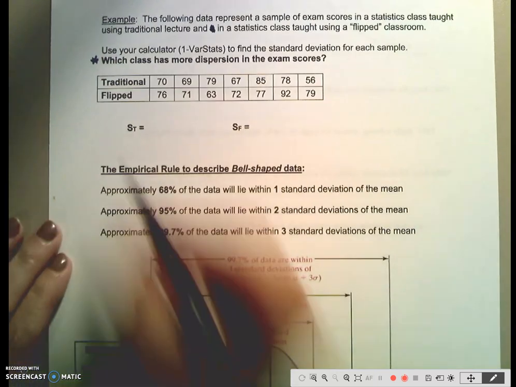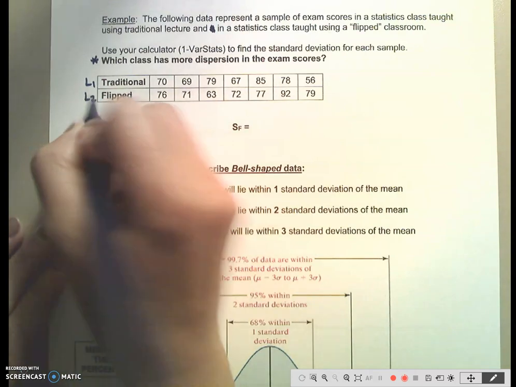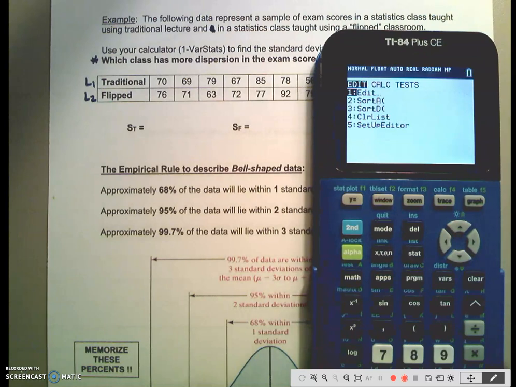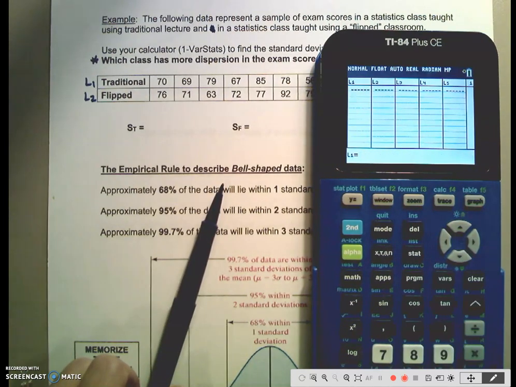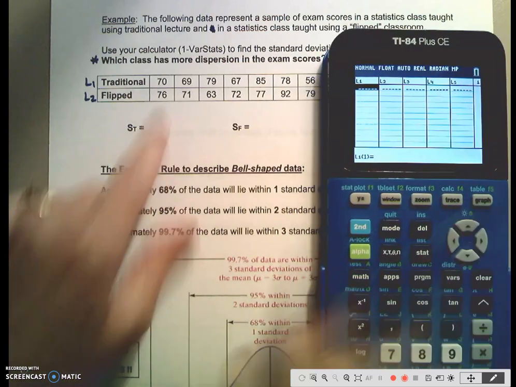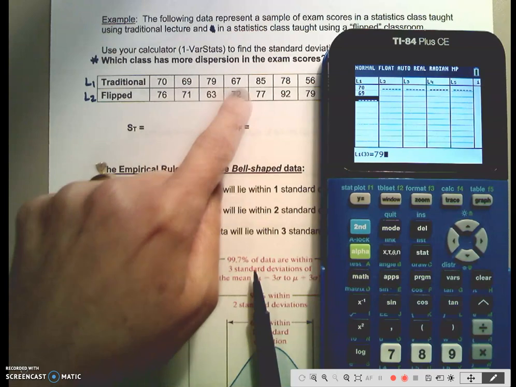Okay, so what we're going to do, put traditional in list 1, and we're going to do flipped in list 2, and we're going to use the calculator to help us out here. So go to Stat and Edit. We can clear that list, and I'm going to put traditional in list 1.